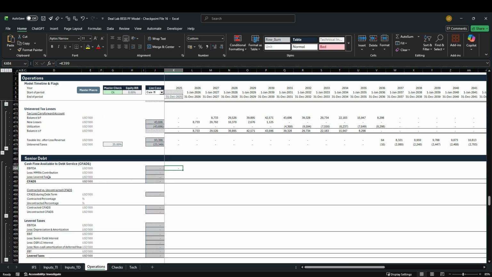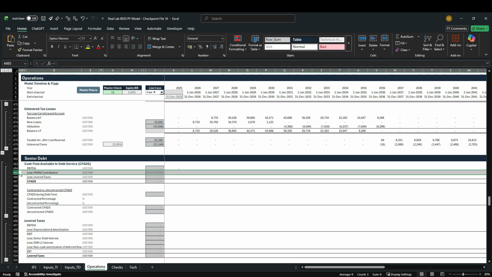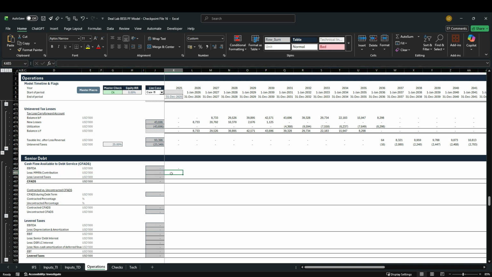Then from our EBITDA, which is also referred to as operating cash flow, we will have to subtract our major maintenance reserve account contributions. That is the cash that we set aside for our augmentations. It's not the actual augmentation expense, but the cash that we put aside in the separate account.